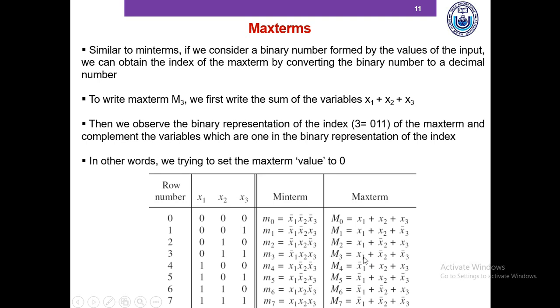So if you put the values of x1, x2, and x3 for this row in this equation, you get 0. That's how we set it up. For each minterm, we set it up such that it is equal to 1, whereas for a maxterm we set it up such that it is equal to 0. So hopefully you have a clear idea how to write the Maxterms.